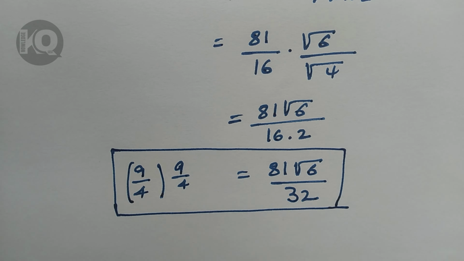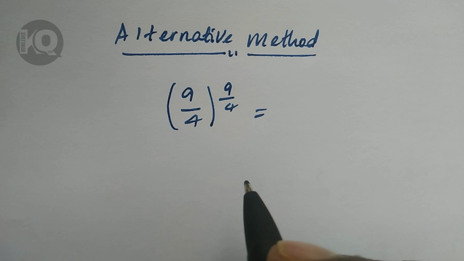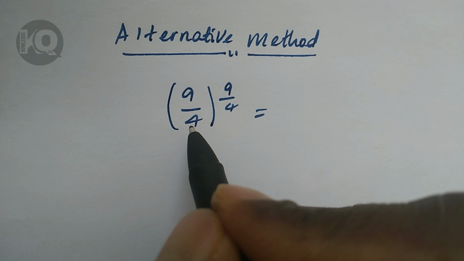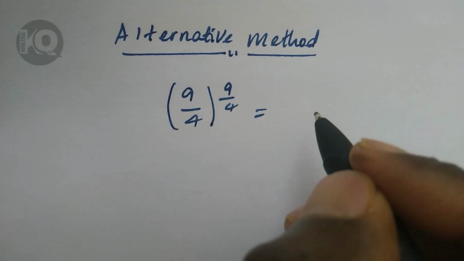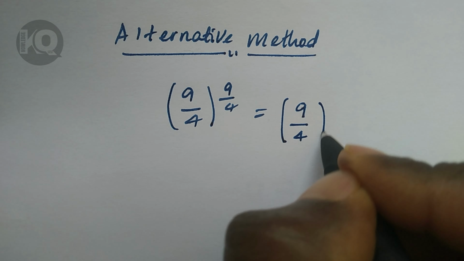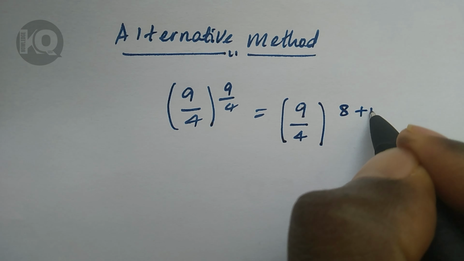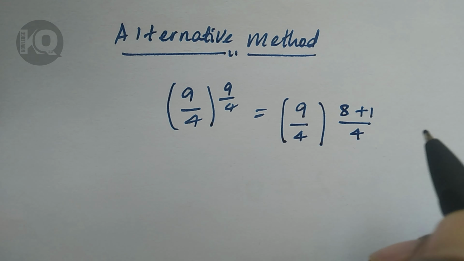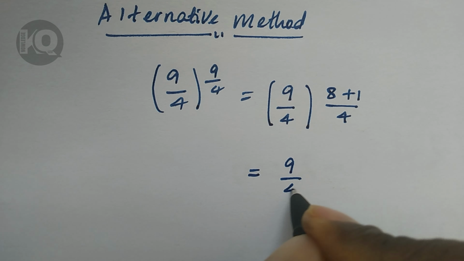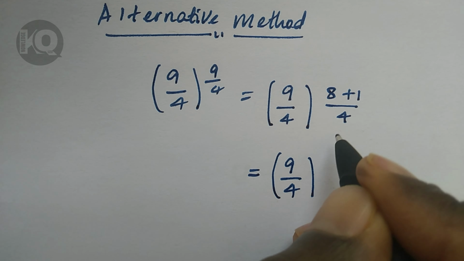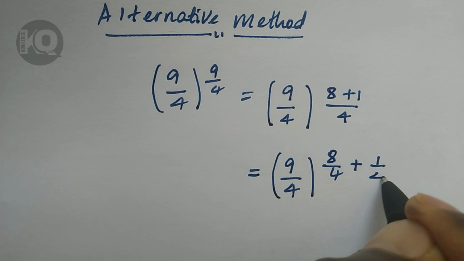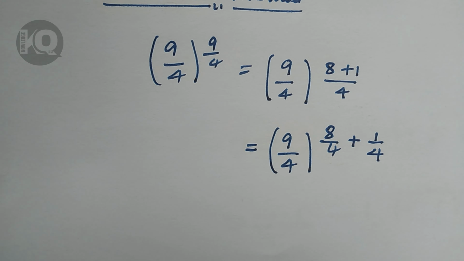Let's see method 2. Now let's see another way of solving this problem, which is (9/4) to the power of 9/4. It can be written as (9/4) to the power of (8 plus 1) divided by 4. So this will be (9/4) to the power of 8/4 plus 1/4.